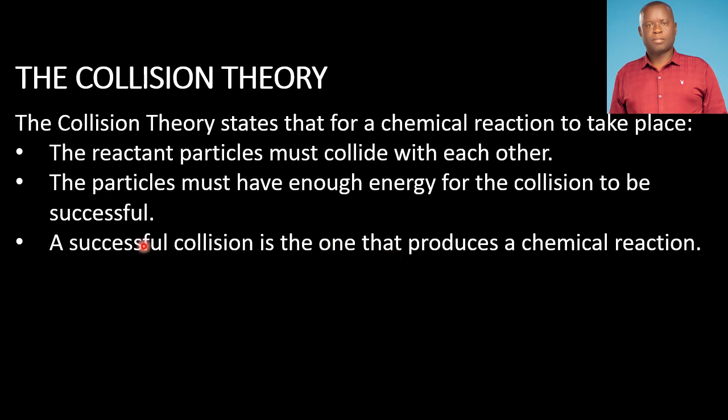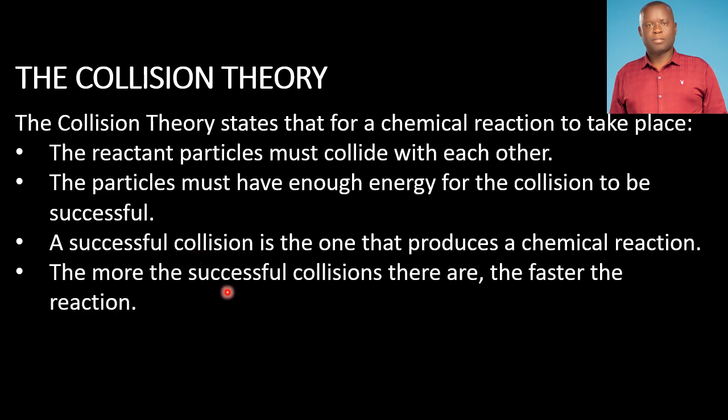So not all collisions will produce a chemical reaction. For a chemical reaction to happen, the collisions must be successful. What do we mean? It's the one that produces a chemical reaction. When the particles have collided and a reaction takes place, such a collision is said to be a successful collision.